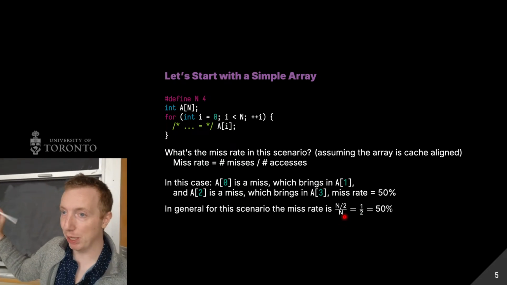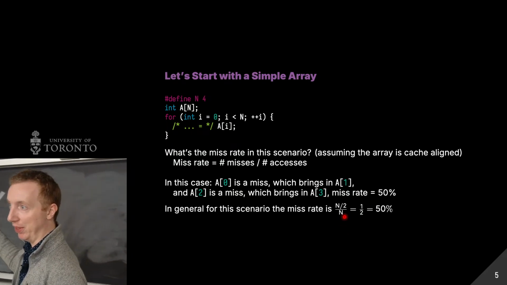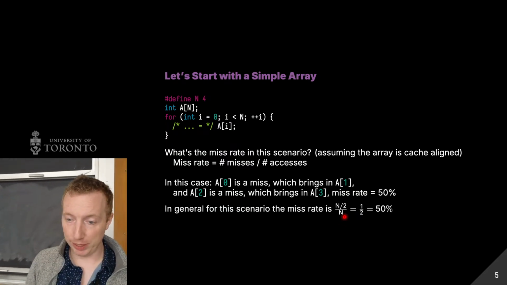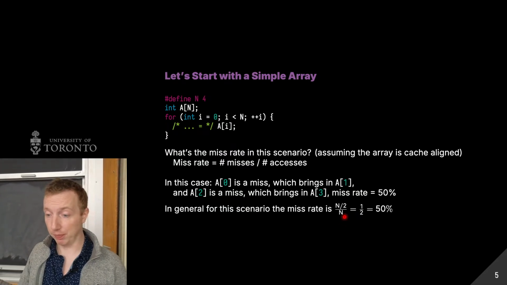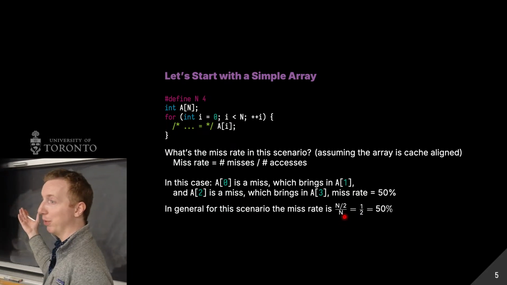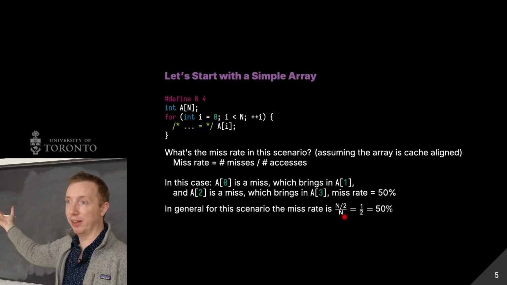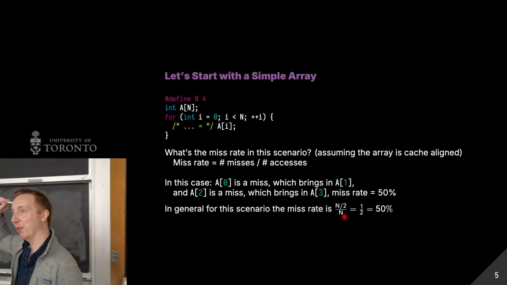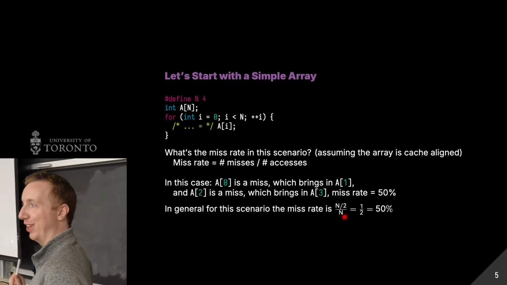This is about the best we can do with a cache this small that can only hold 2 elements. If our cache could hold 4 elements in a block, our miss rate would be what? 25%, assuming that the array is cache aligned, right?